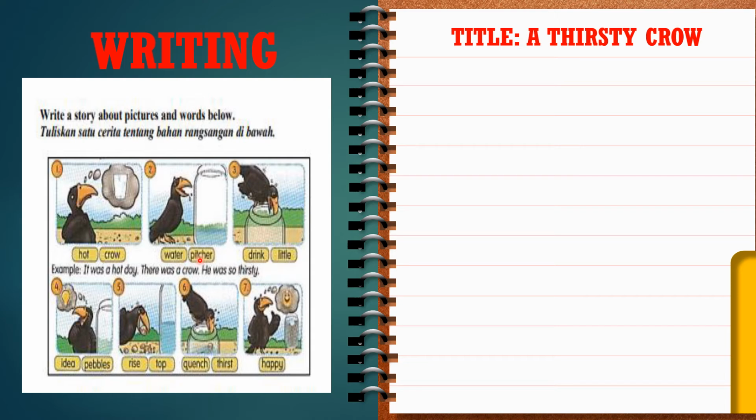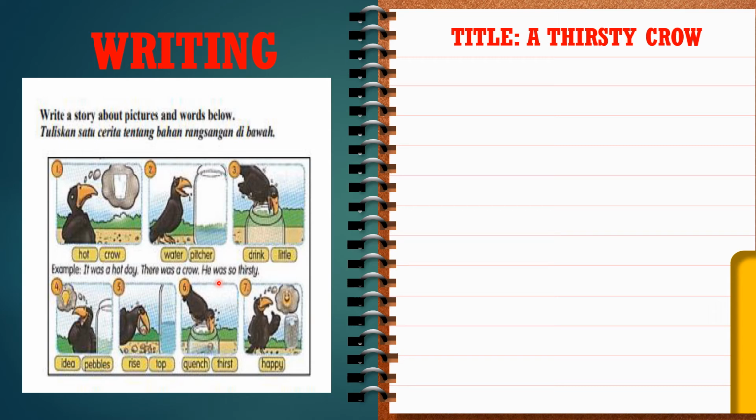Before that, let's look at the pictures and the words given. You can see that this is a crow, and we can understand that the crow is very thirsty. Before that, you need to decide whether you want to write the story in past tense or present tense. As you can see here, the example given, it was, there was, he was.